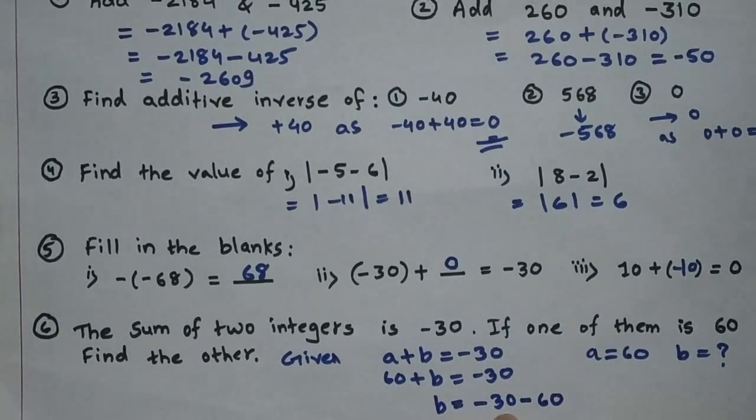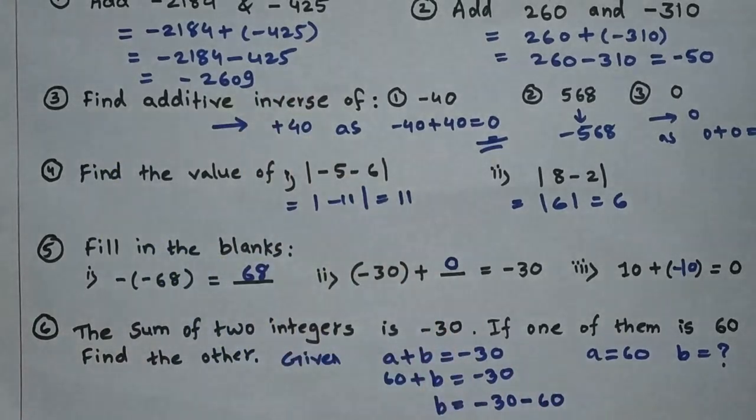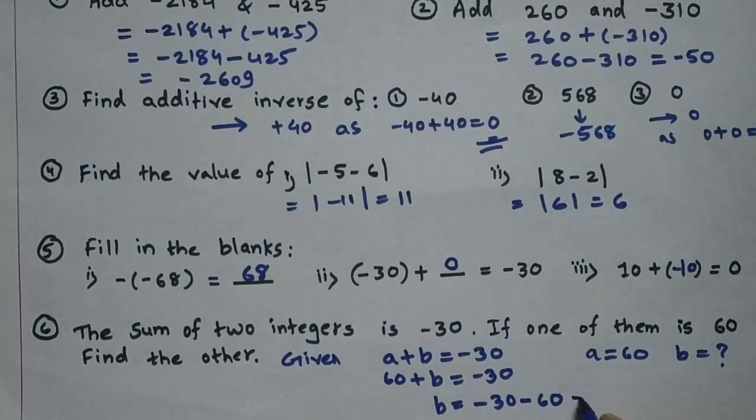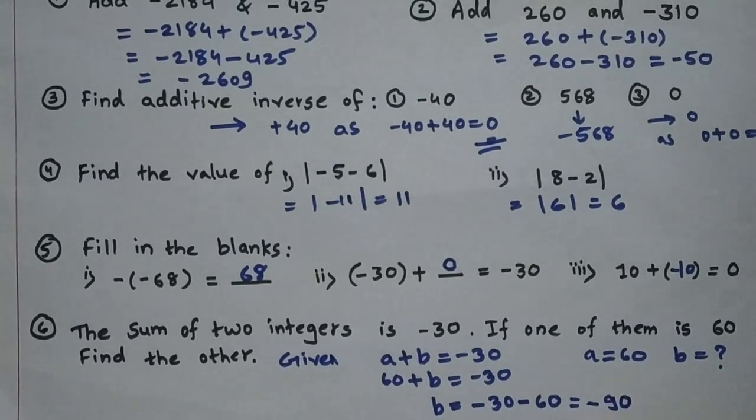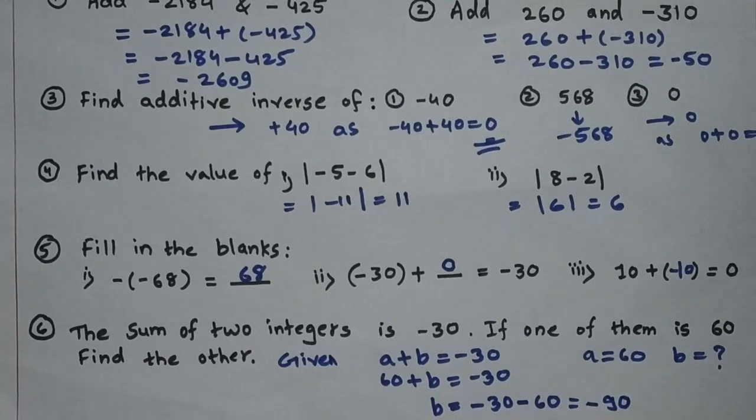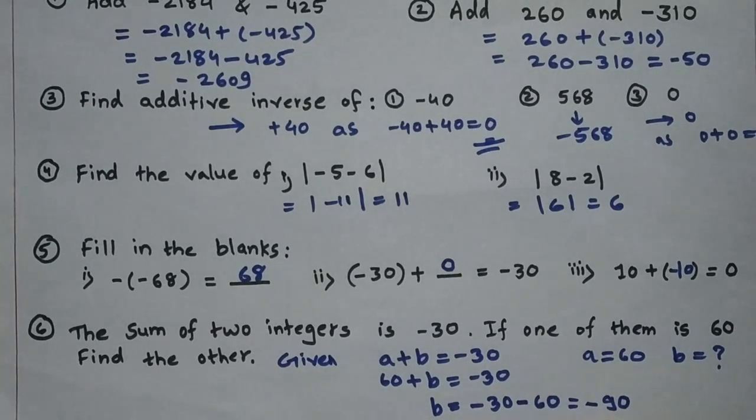And again you get the situation like before: both negative integers, add them. After adding, 60 and 30 give you 90, and you write 90 with the negative sign, that is minus 90. So the other integer is minus 90. Hope you have cleared it.